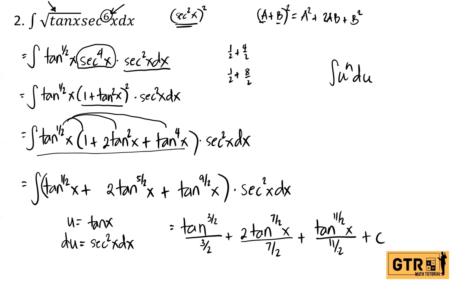So just simplify this. The 2 will go up here. So we have 2 tangent 3/2 over 3. And for this, we have 2 times 2, and then the 2 will go up here.